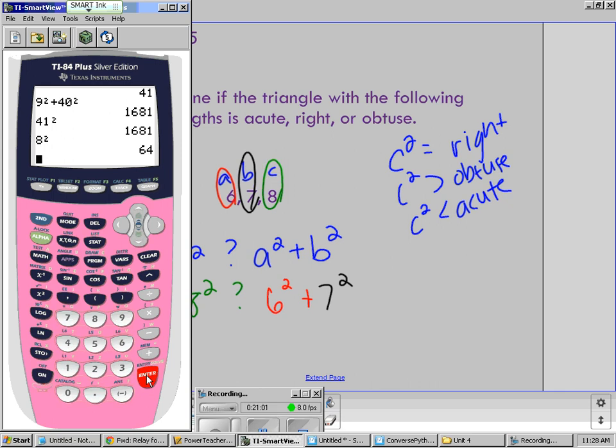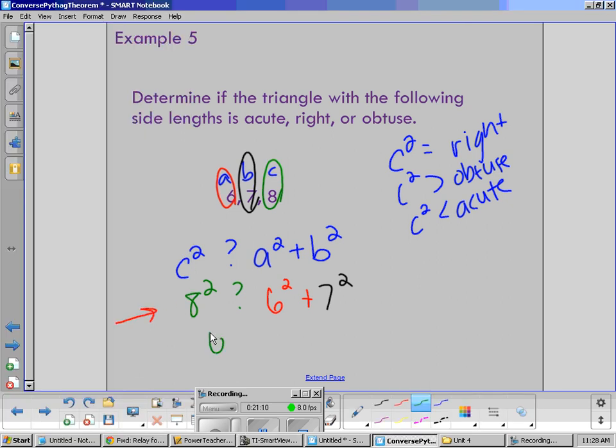Okay, 6 squared is 36 plus 7 squared is 49. 36 plus 49 is 85. So we have 64 has what relationship to 85? 64 is smaller than 85. So that means we're talking about less than. If we have less than, that means we are dealing with an acute triangle.